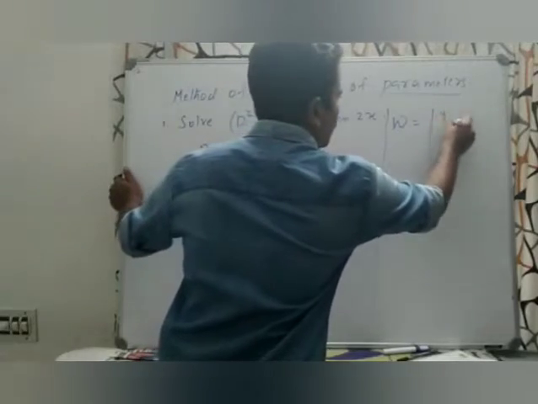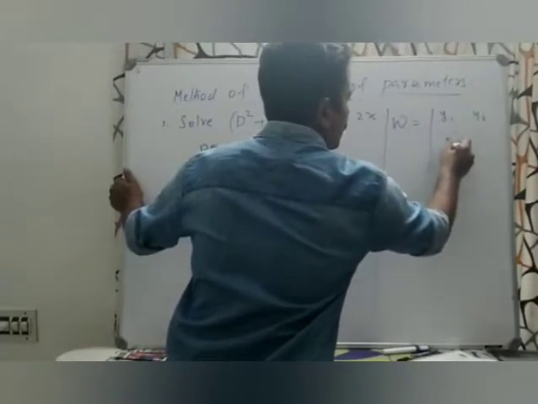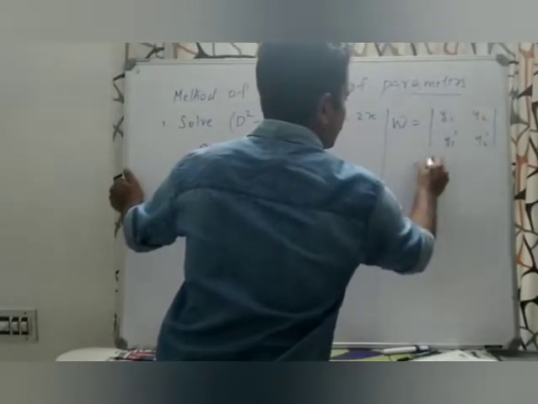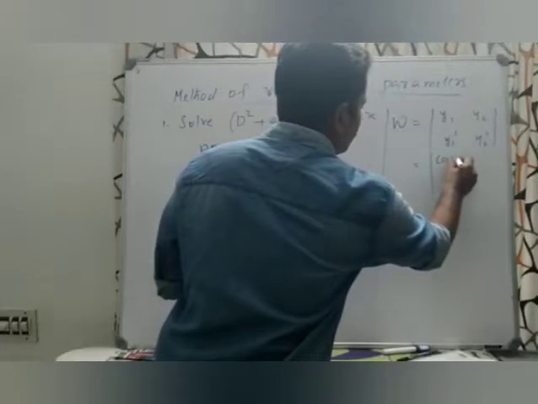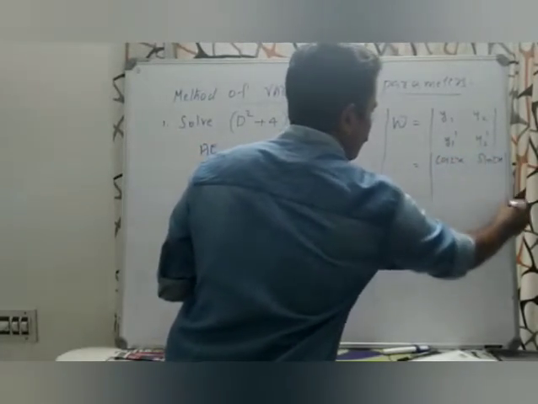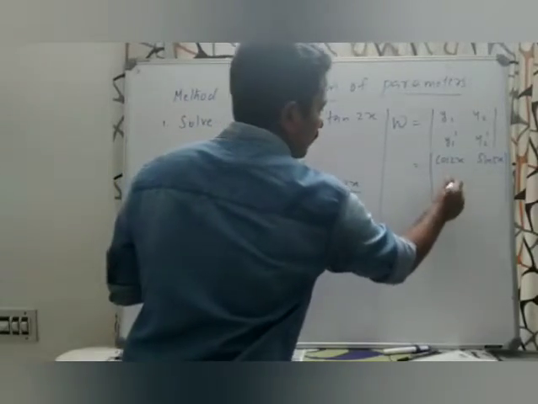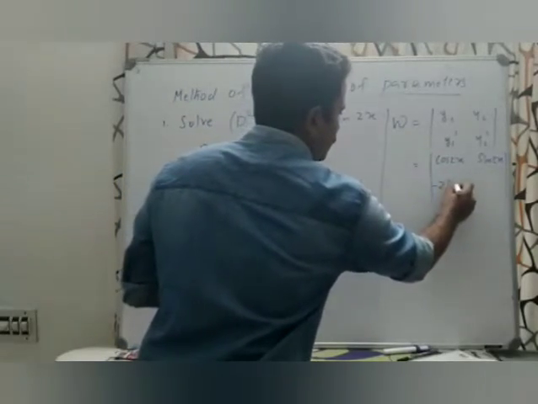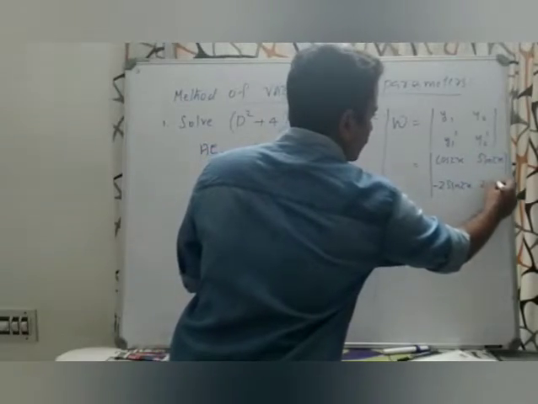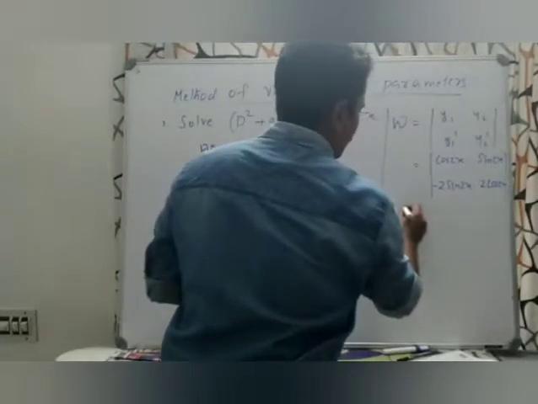So first calculate the Wronskian w. This is the formula: y1 y2, y1 dash y2 dash. When you substitute, y1 is cos 2x, y2 is sin 2x, y1 dash, derivative of cos 2x, is minus 2 sin 2x, and derivative of sin 2x is 2 cos 2x.